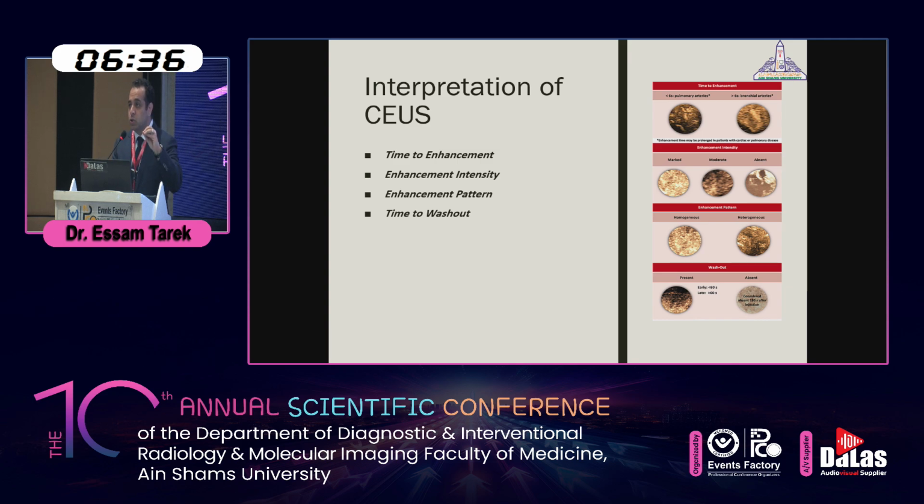The time of enhancement depends on the lesion's supply, because the pulmonary circulation is faster, so there is another cut number here, which is 6 seconds. If the lesion starts to enhance at 6 seconds or less, mainly this is because it's supplied by the pulmonary circulation. If it's more than 6 seconds, that means it's more systemic circulation.